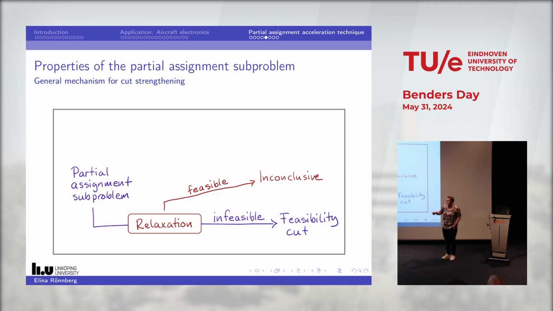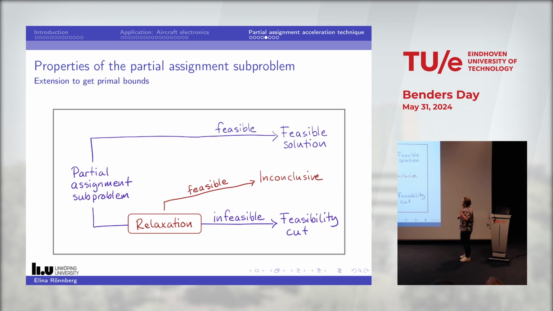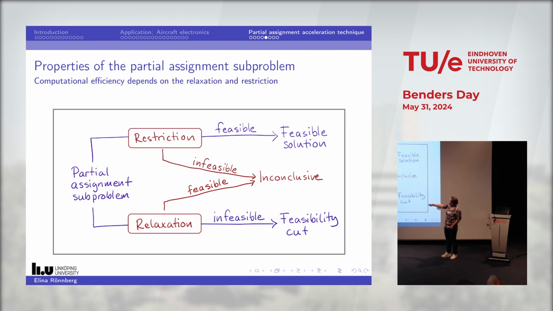The cost of doing this is that if this relaxation turns out to be feasible, then I don't know anything. I cannot conclude anything from that. On the other end, I introduce a restriction. If the restriction turns out to be feasible, I can use that solution. But if the restriction is infeasible, then I don't know anything. But this is something that I might be able to use in my method.